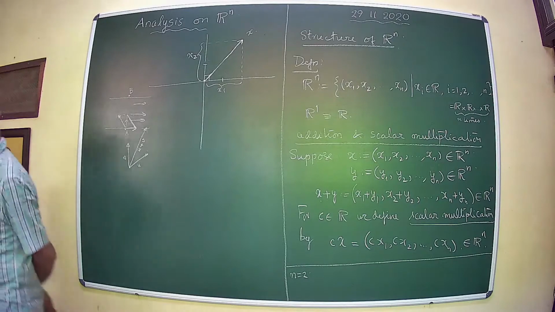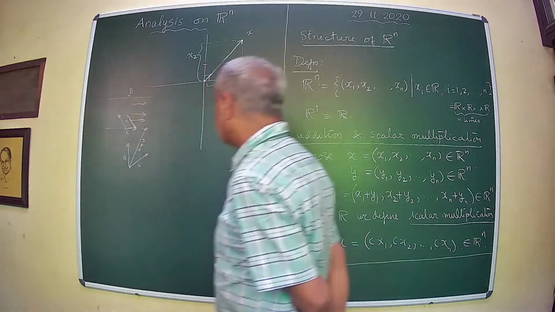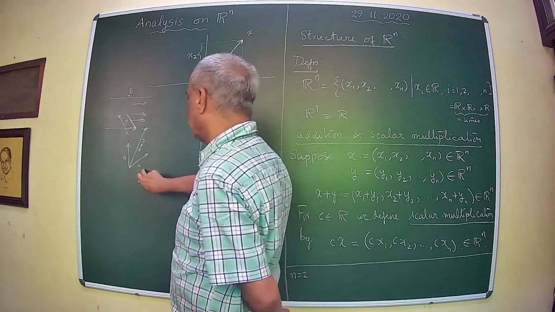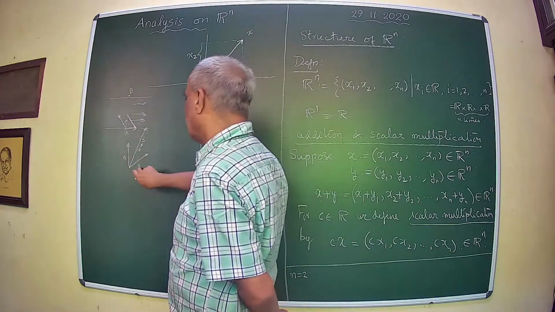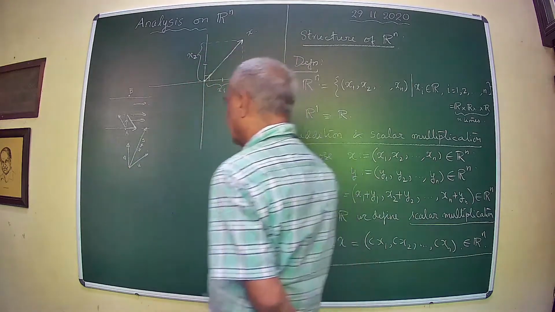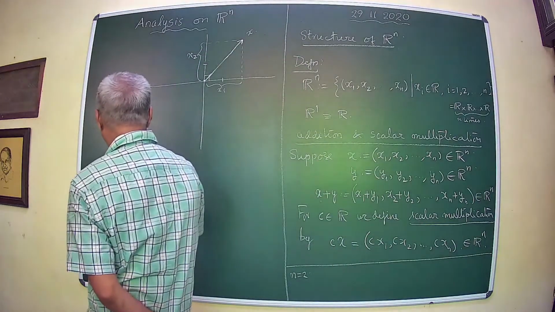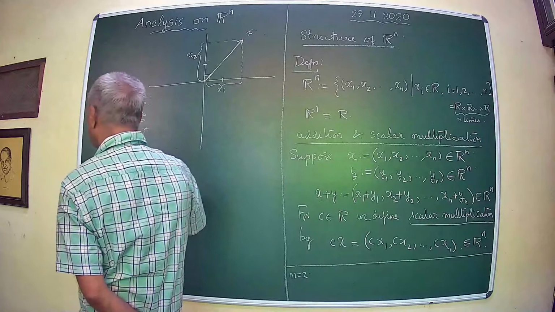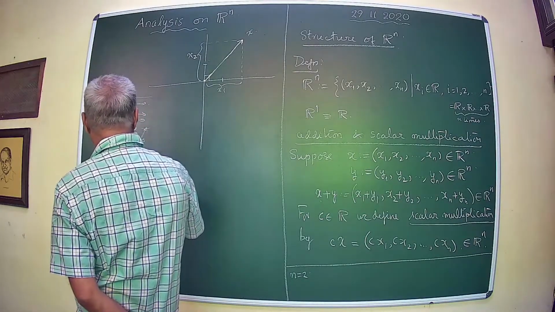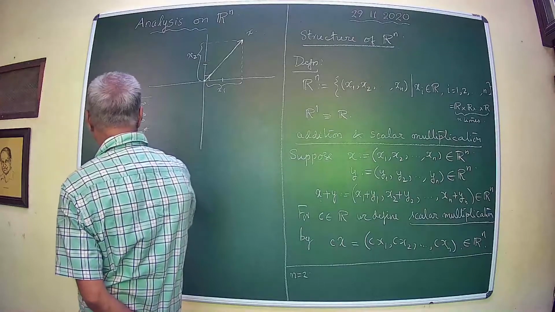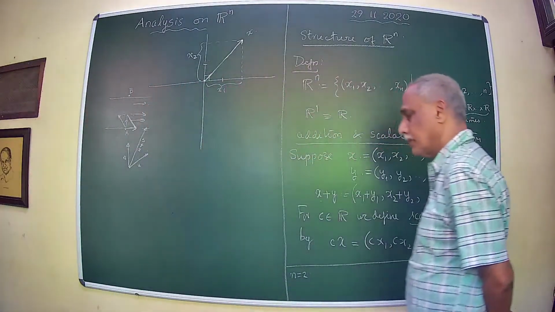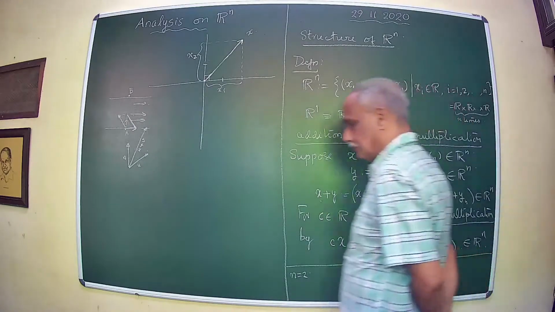And then, of course, this was the mathematical modeling, or what you call the geometric modeling, of vector addition. That is, the vector has a point where it acts, a direction in which it acts, and a magnitude. Okay, so these two vectors u and v are different. Even if they have the same magnitude, they are different because they act in different directions.